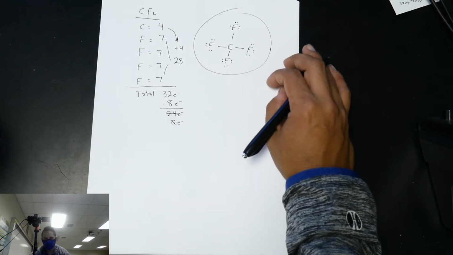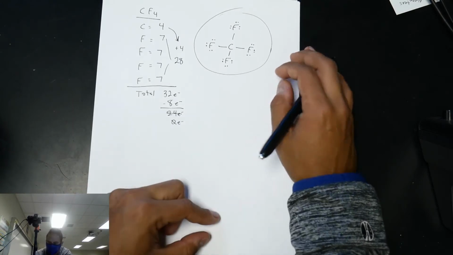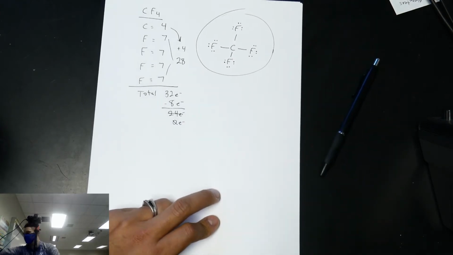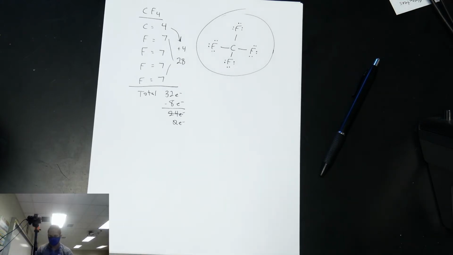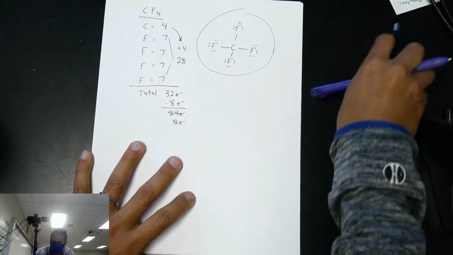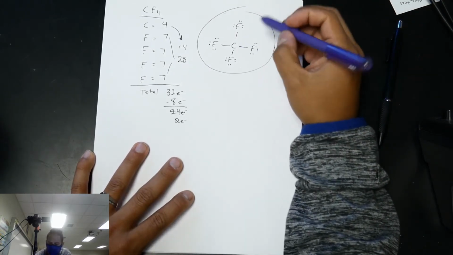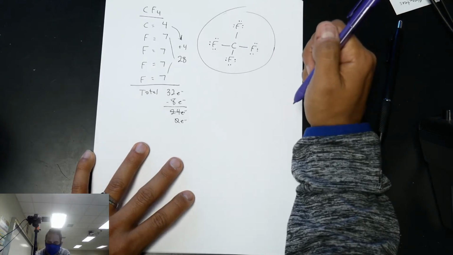Then from here, in order for us to determine what shape it is, we need to count how many electron domains we have. So I'm going to use another color. Let's go with purple. Any single bond, double bond, or triple bond on the central atom is an electron domain.